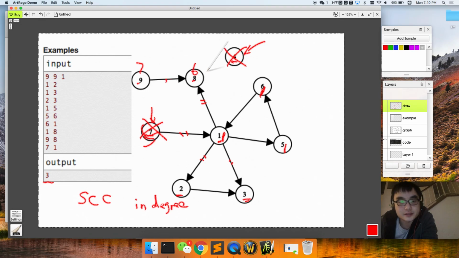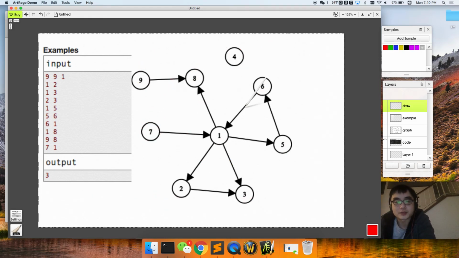So this guy is good. What about SCC7? This guy does not have in degree. So we need to add the last road to this SCC, right? So in total, we need to add 1, 2, 3 roads to those SCCs that do not have an in degree.